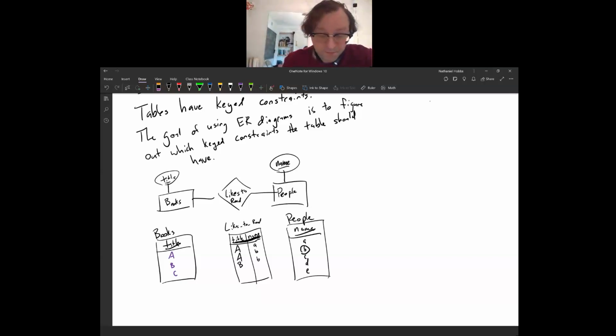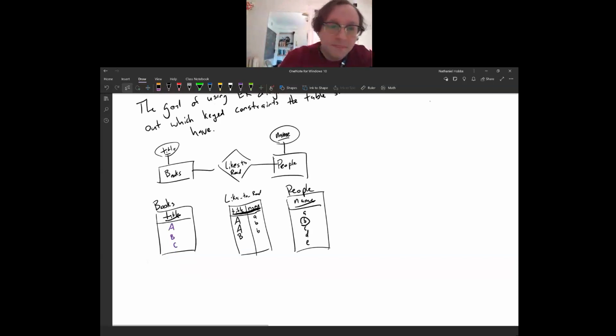So you can have a composite key or a compound key. I might be mixing these 2 words up, actually. If somebody knows for sure and I'm using it wrong, let me know. But, okay, so there is a difference.